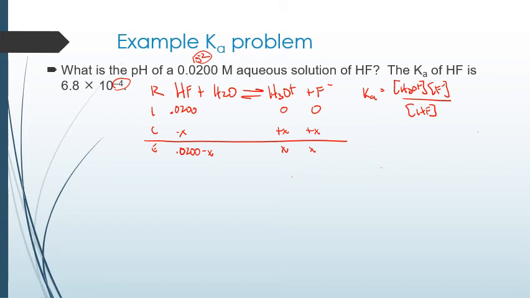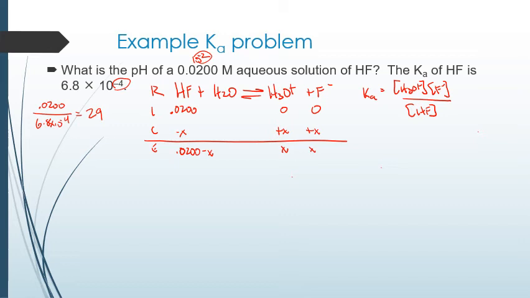As a further check, I'm going to take the 0.0200 divided by the 6.8 times 10 to the negative 4th and see what it's equal to, which if we type that in is approximately 29. So I know for a fact, as a result, that it's less than 400, and we're unfortunately going to have to do the quadratic equation.